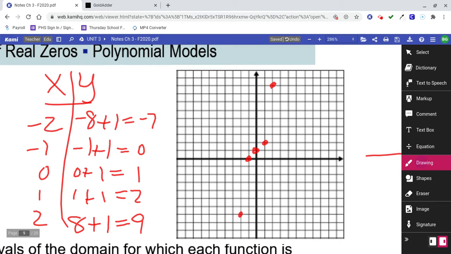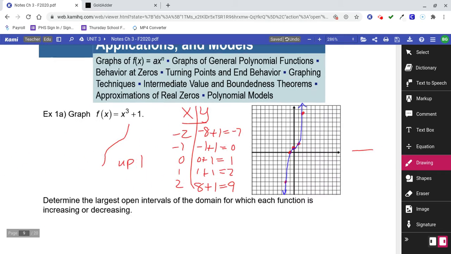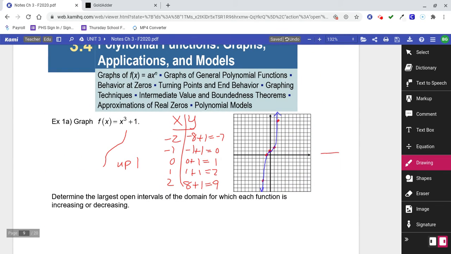I kind of visualize this as almost like a parabola with one of its arms twisted. Imagine a parabola, but then twist one of the arms down. That's kind of what this thing looks like. But that's an x cubed that's been shifted up 1.